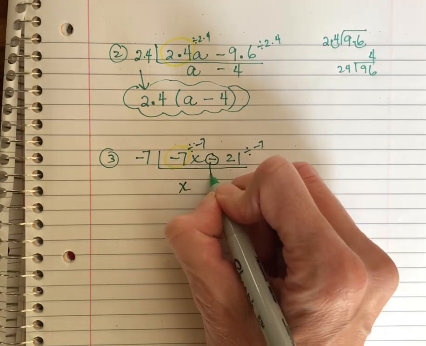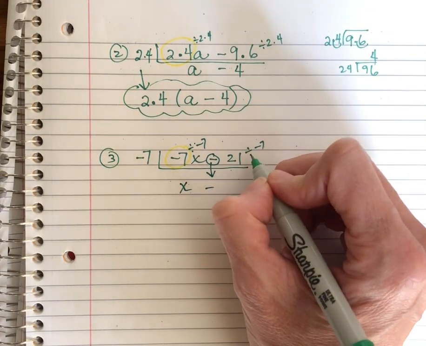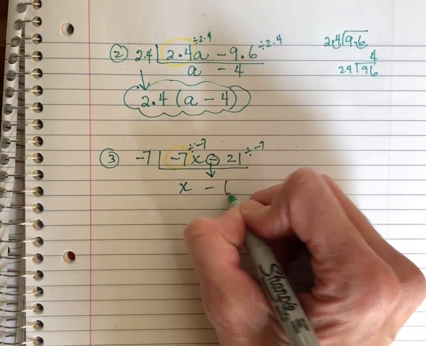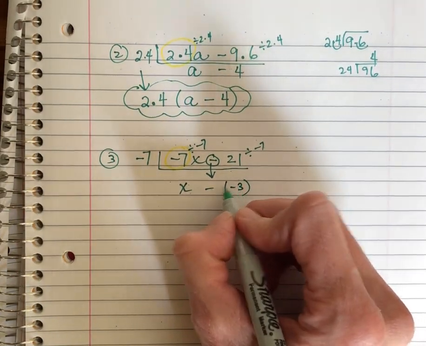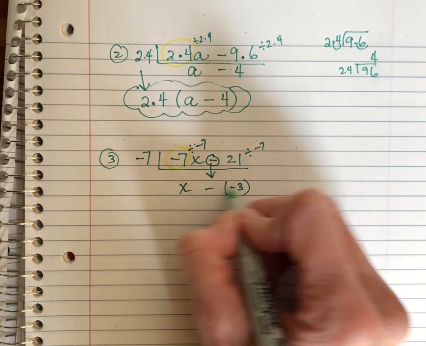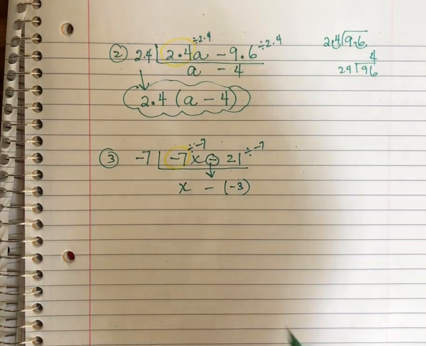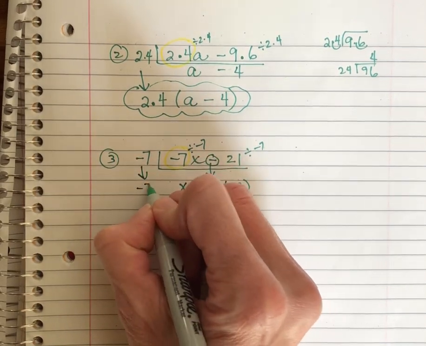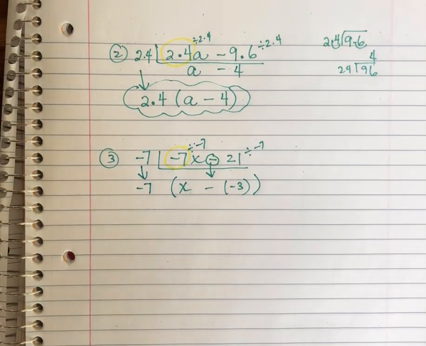Circle your subtraction, drop it down. 21 divided by negative 7 is negative 3. Put it in parentheses to separate it from your subtraction symbol. Okay, when we express it as a product of its factors, we'll drop down the negative 7 like so.